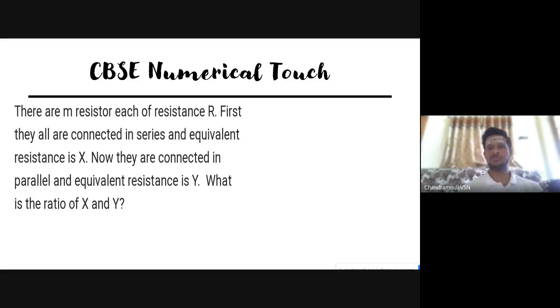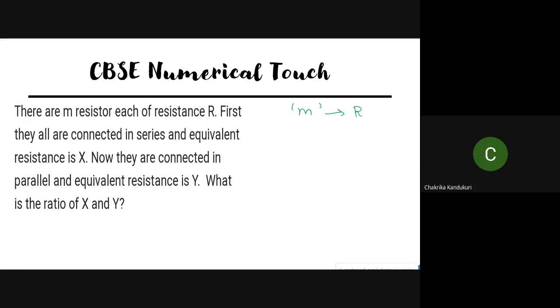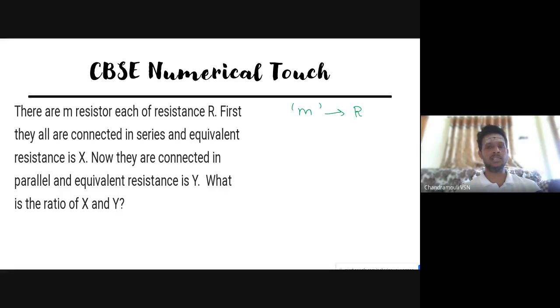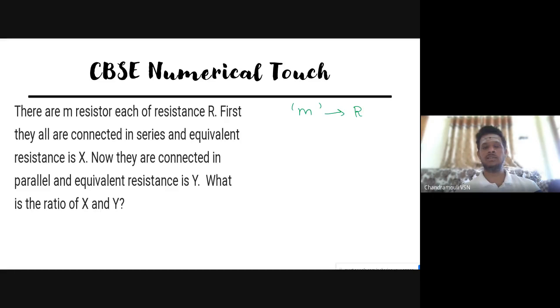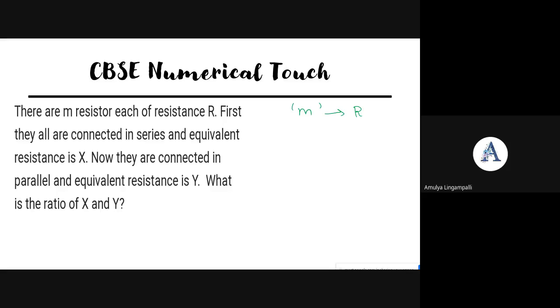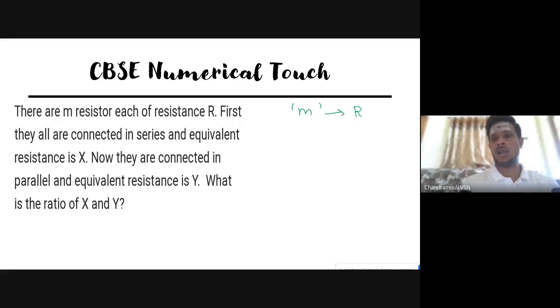Small m number of resistors are there, each of resistance capital R. First they are all connected in series, and that time the equivalent resistance is given as X. Now they are connected in parallel, and its equivalent resistance is Y. We need to find the ratio of the equivalent resistances X and Y.